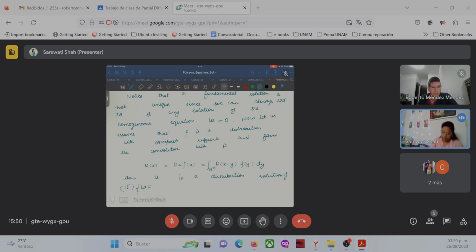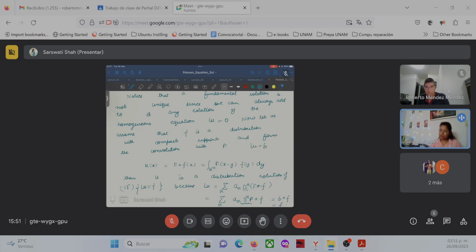This equation 15 is basically this, because L of u equals summation of a alpha D alpha of F star f, and using the property of differentiation on a convolution, it gives this. And because this capital F was a fundamental solution of L of u equals delta, this a alpha D alpha F can be replaced with delta star f, and this equals f.